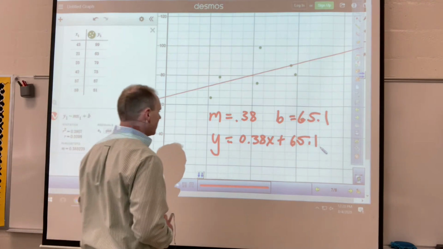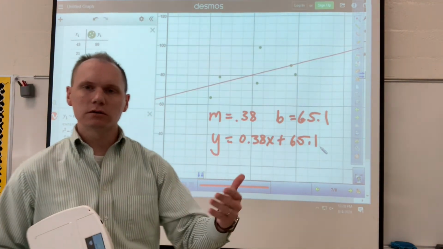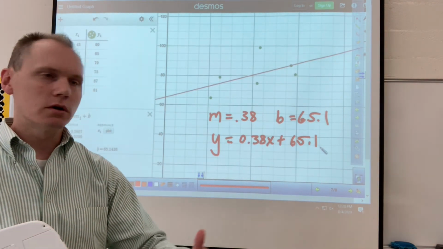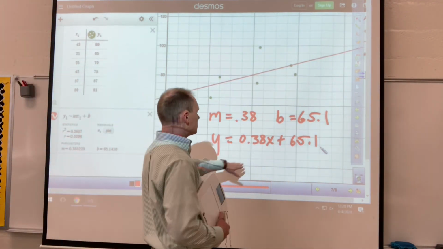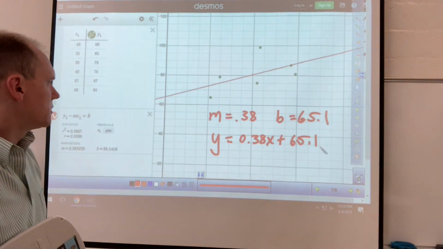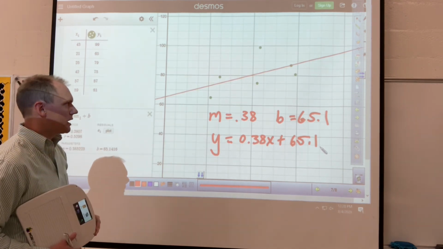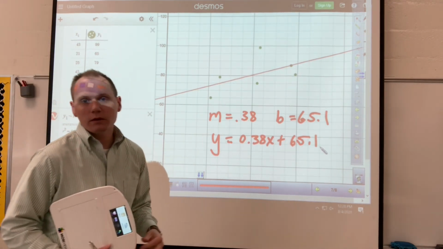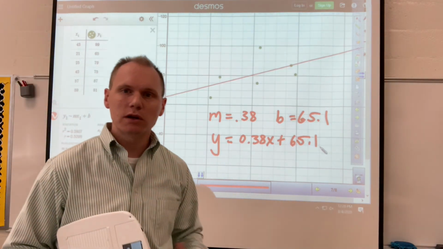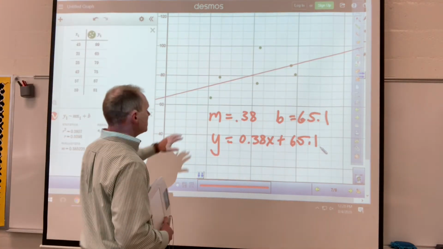But this 0.38 shows that as we increase in years, so for each year we get older, our glucose level increases by about 0.38 in terms of the units there. And so that's how we can interpret that. So overall, the trend at least is showing that as we get older, our glucose level increases.